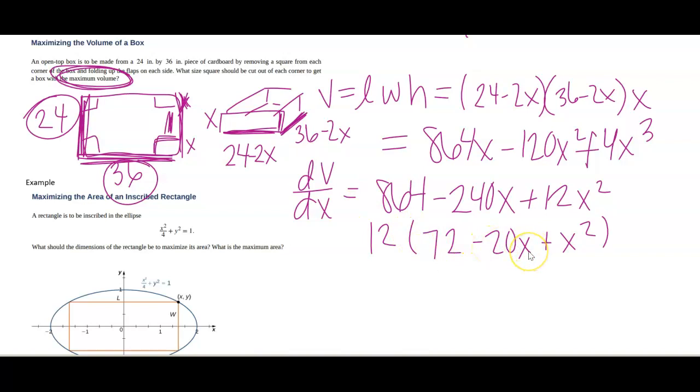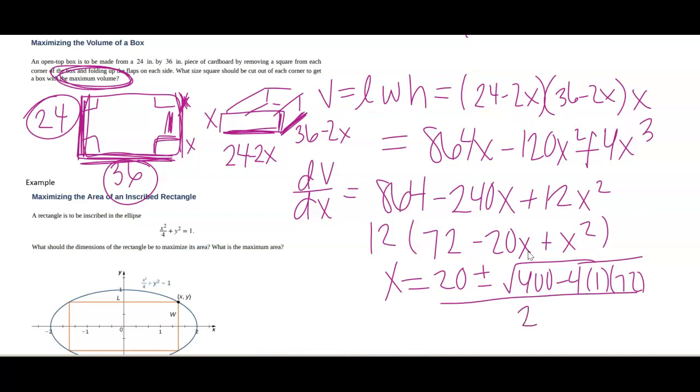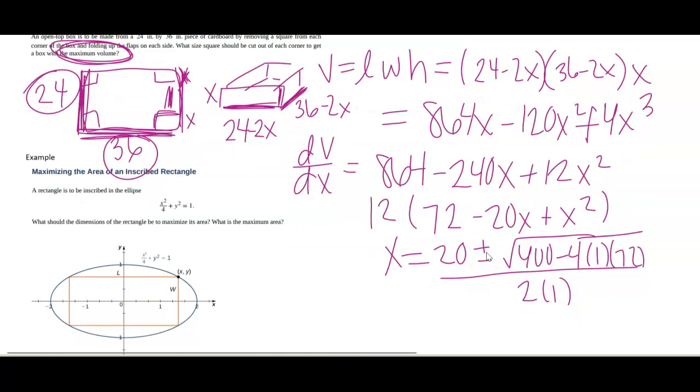So I'm going to have to use the quadratic formula here. So x equals negative b plus or minus the square root of b squared minus 4ac, all over 2a. And I realize my quadratic is backwards, but hopefully that's helpful.